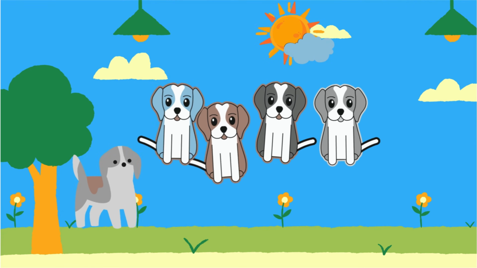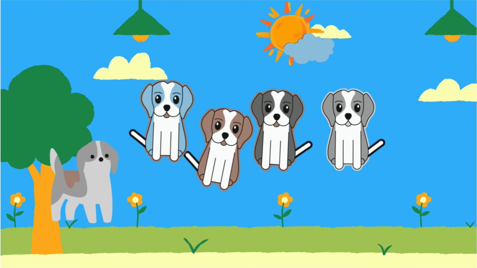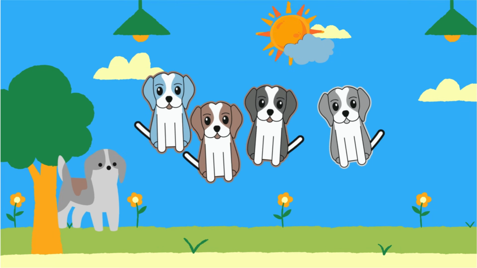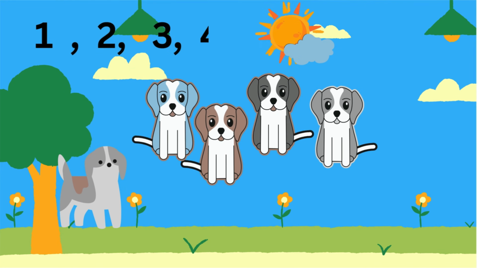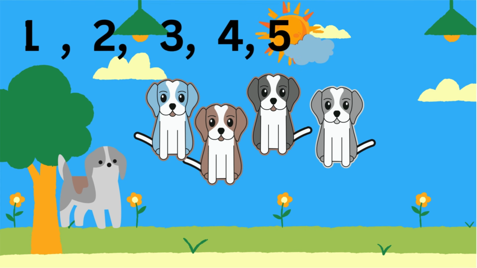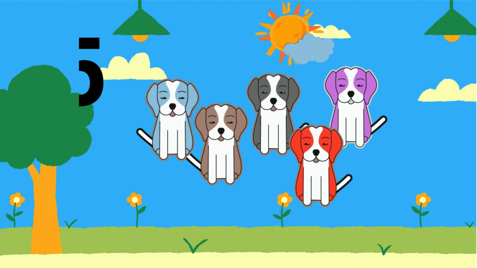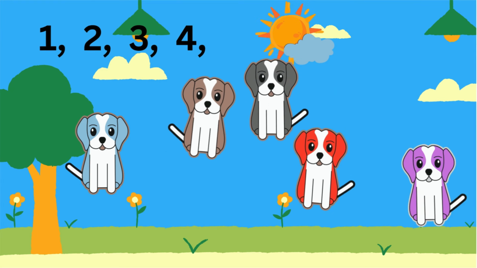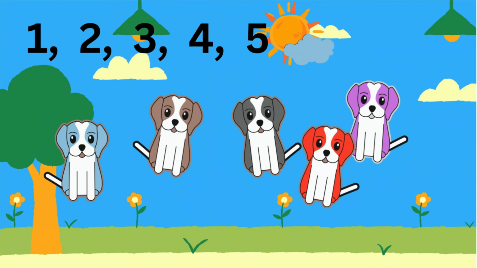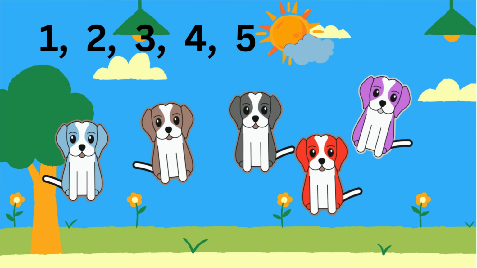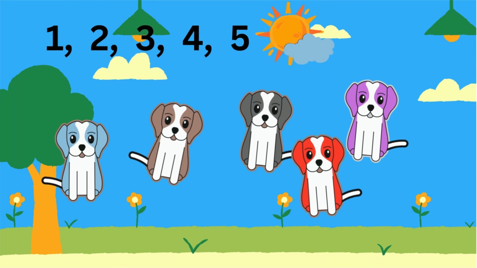Puppy paws soft and small, counting 1 to hear them call. In the playground a joyful sound, puppy paws dancing around. 3 pups at the seesaw, up and down they go, together, putting on a show. 5 little tails wagging in delight, counting 1, 2, 3 in the soft sunlight. Puppy paws soft and small, counting 1 to hear them call. In the playground, a joyful sound.